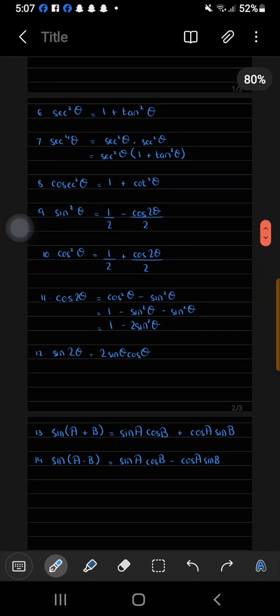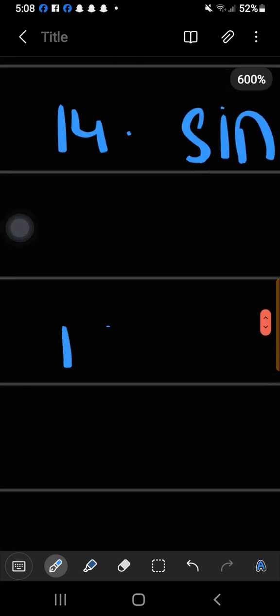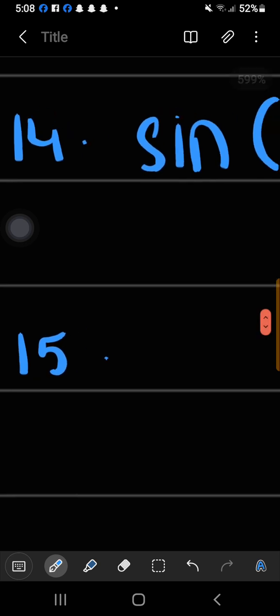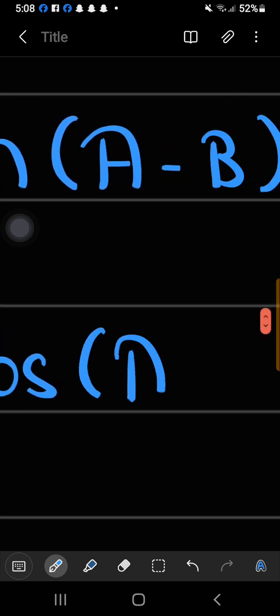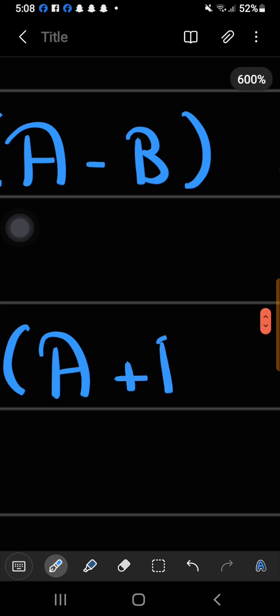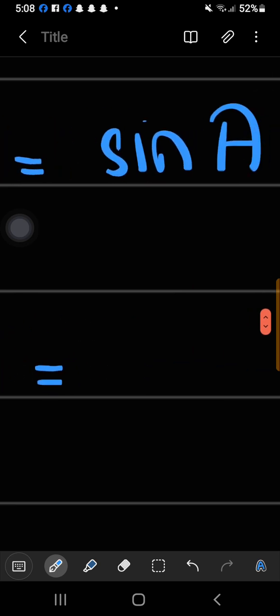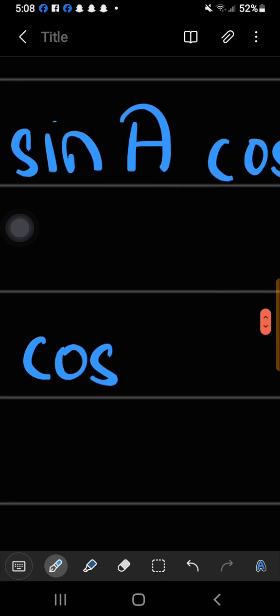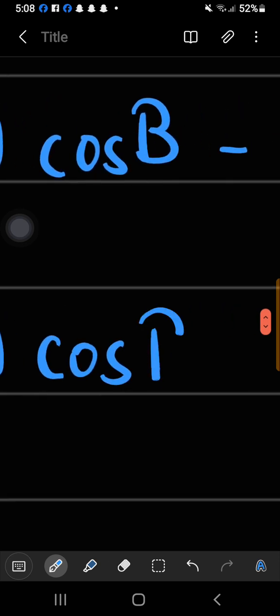Okay, then we have some more properties here. For cos, if we have cos a plus b, it will be cos a cos b minus sin a sin b.